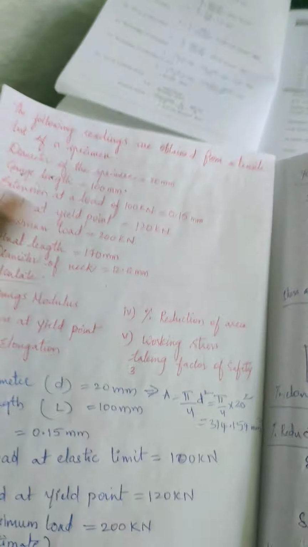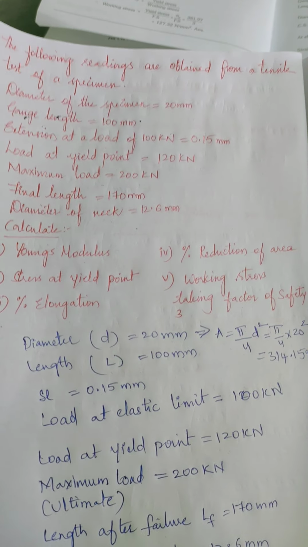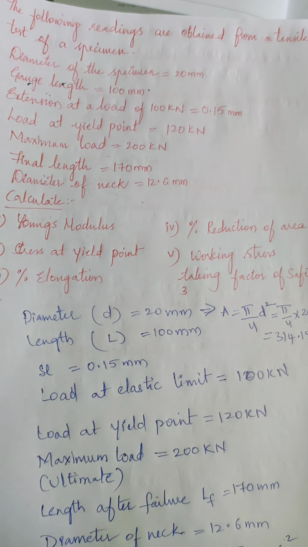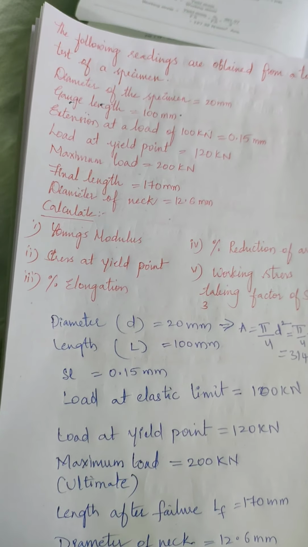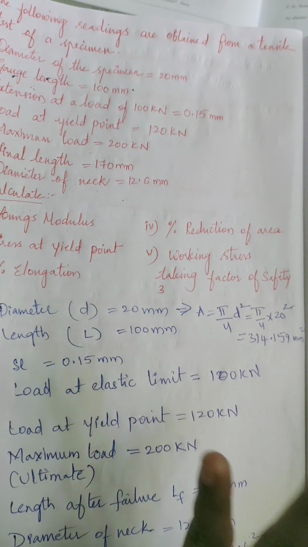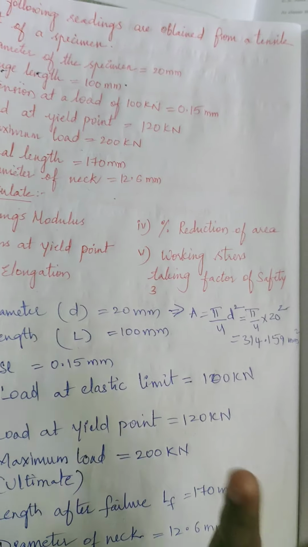Okay. So this is the way of calculating the required values by making use of the given data. So it is a lengthier one but simpler one. Only we made use of the stress formula, strain formula, percentage elongation in length, percentage reduction in area, factor of safety, and Young's modulus.